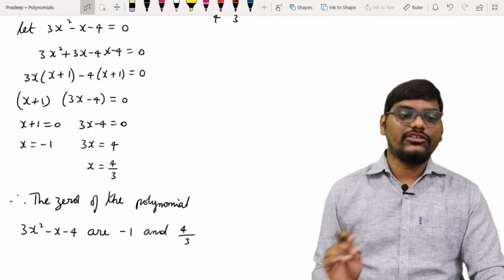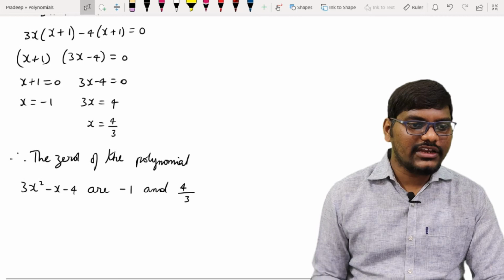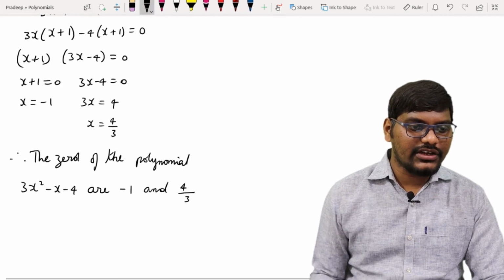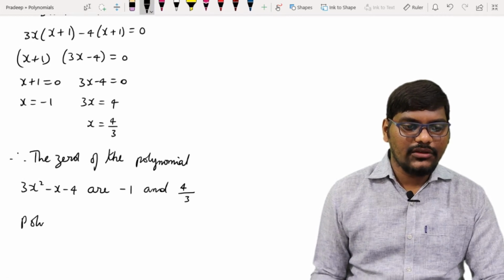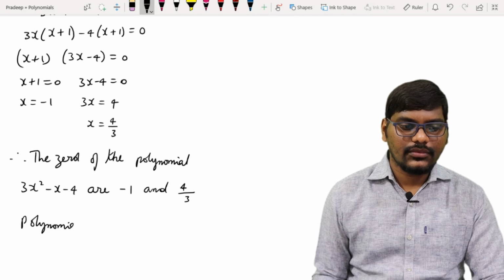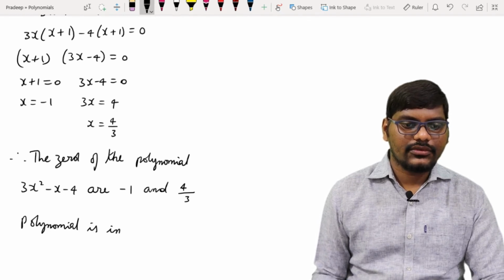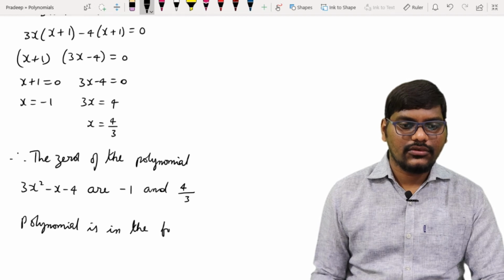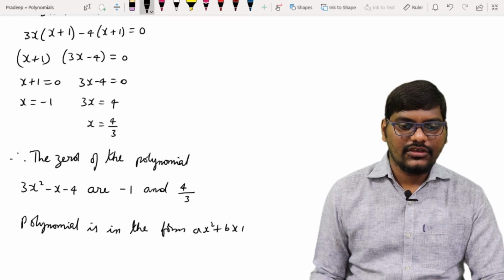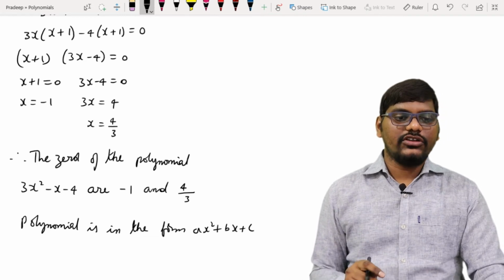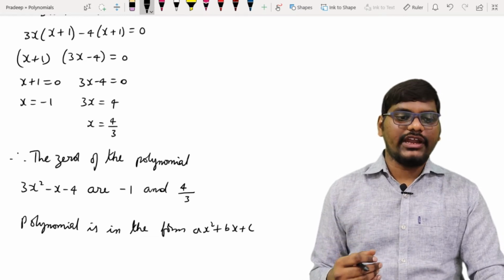So these are the two values which we got. Since it is a quadratic equation, we can write the polynomial in the form ax square plus bx plus c. Okay, so this is in the form of a quadratic equation.